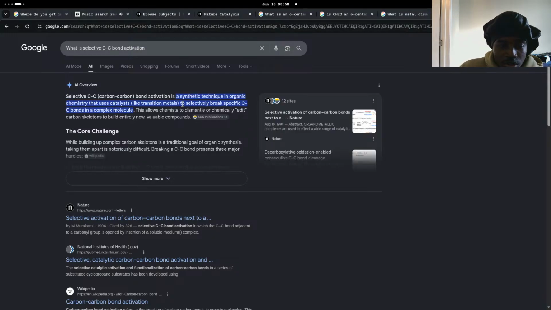Selective carbon bond activation is a synthetic technique in organic chemistry that uses catalysts like transition metals to selectively break specific carbon-carbon bonds in a complex molecule.